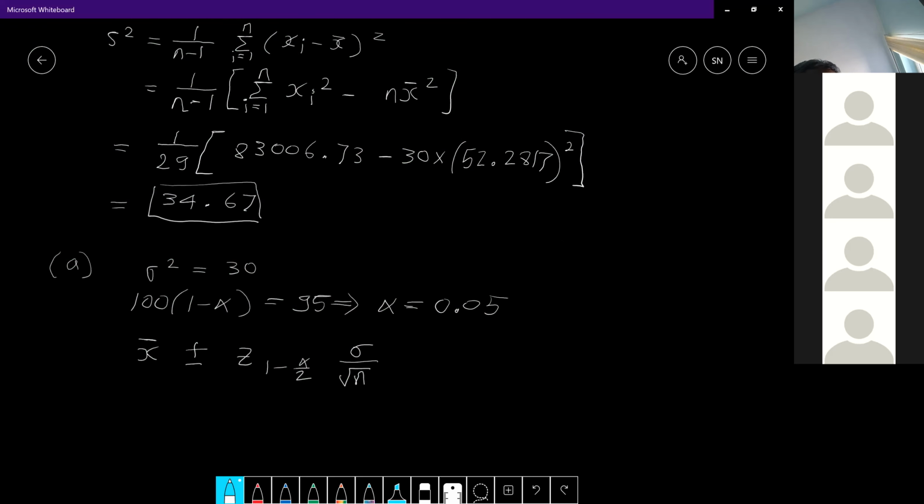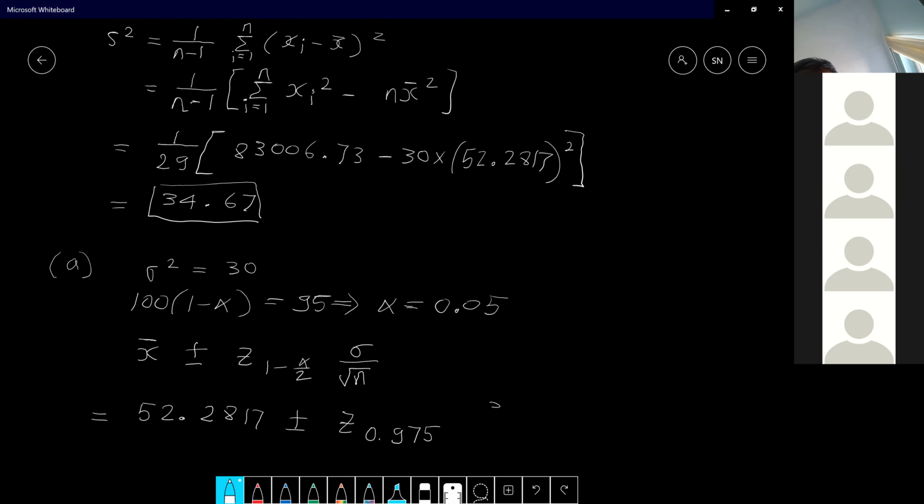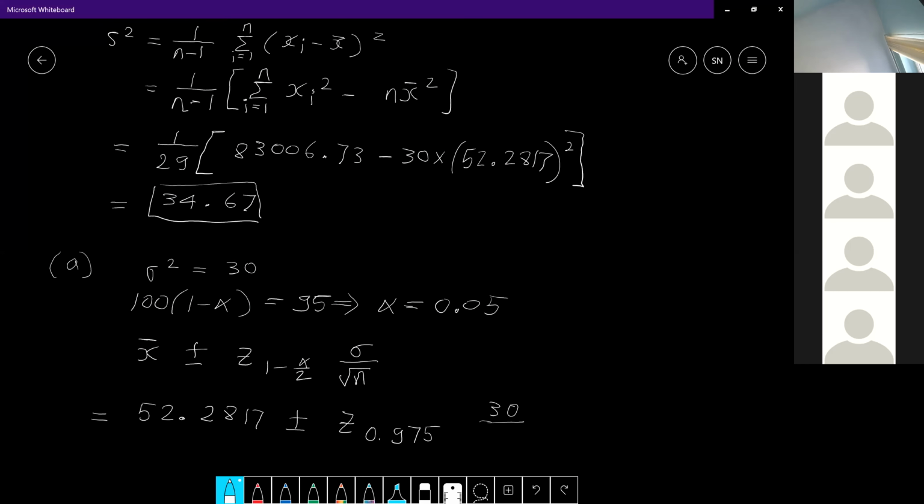Now x bar we already know, which is 52.2817 plus or minus z 1 minus alpha by 2, which is 0.975, and sigma is 30, and root of n is root of 30.